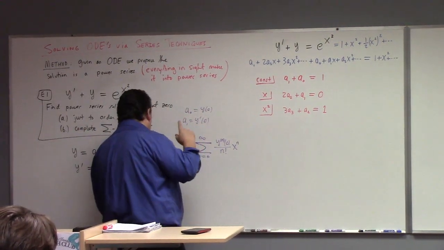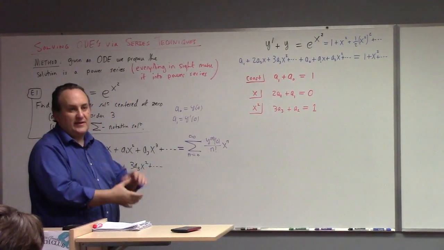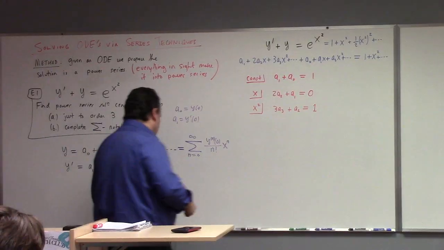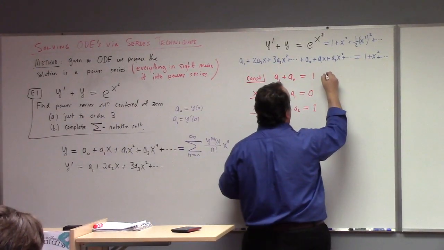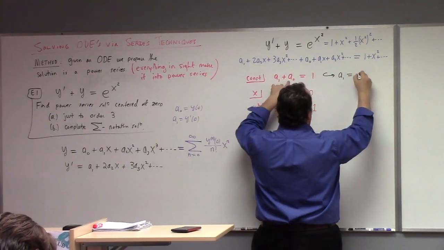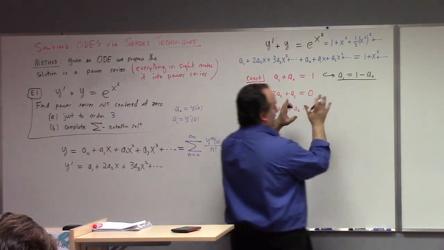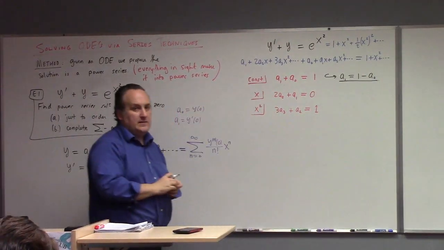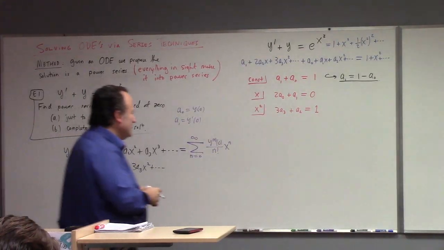So the natural thing to do is to write everything in terms of a naught. I'm going to keep a naught in my solution. In view of that, this tells me that a1 is 1 minus a0. There we go, I've got the first coefficient in terms of my parameter for the solution.